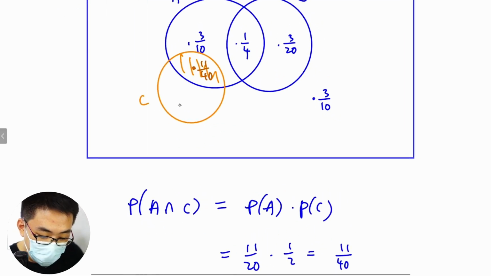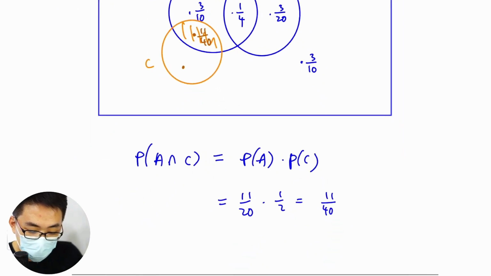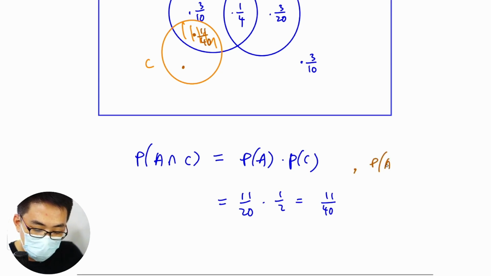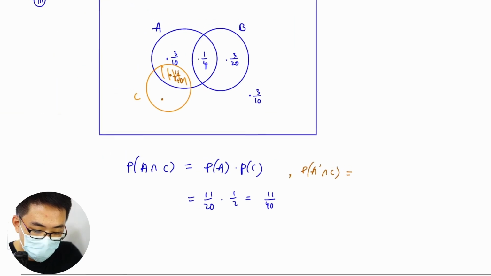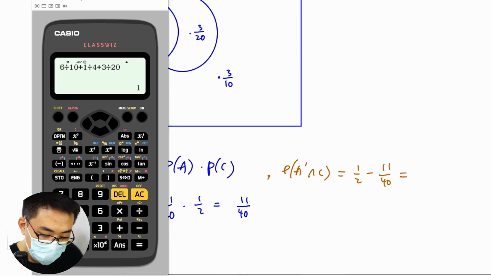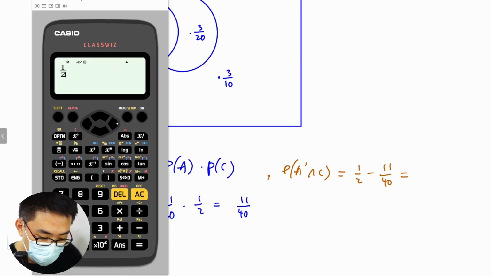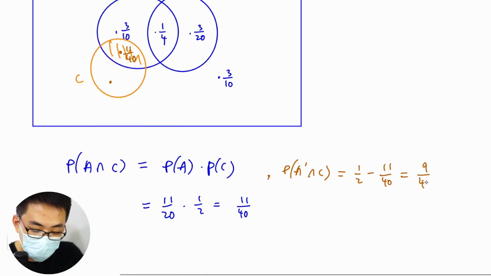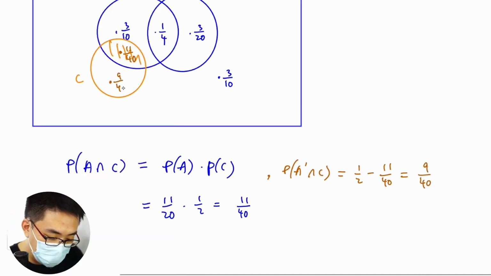Outside here, no matter what happens, P(A prime intersect C) would always be P(C), which is half, minus 11/40. I'm just settling the relationship between A and C first. So this is 9/40.